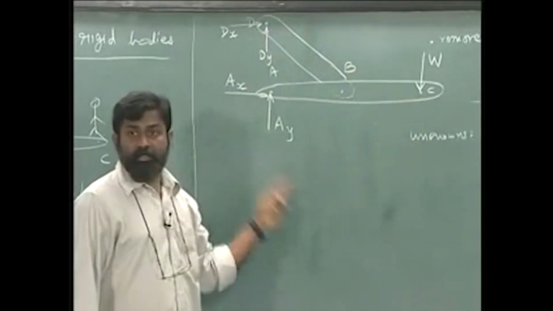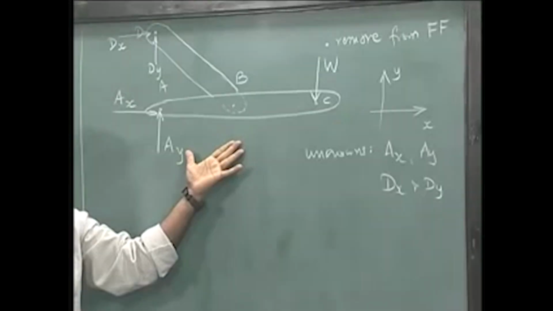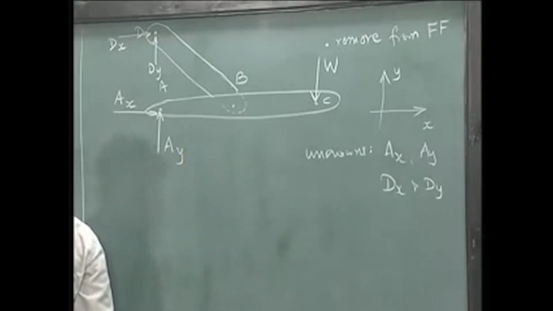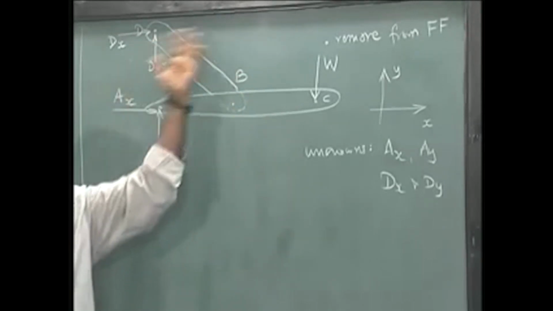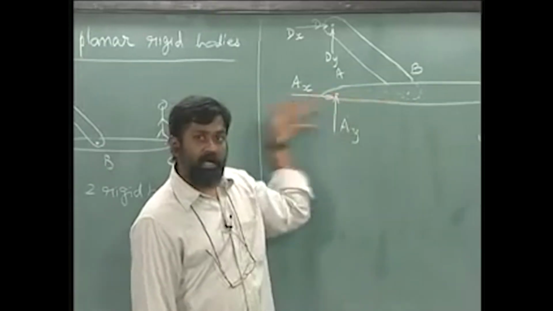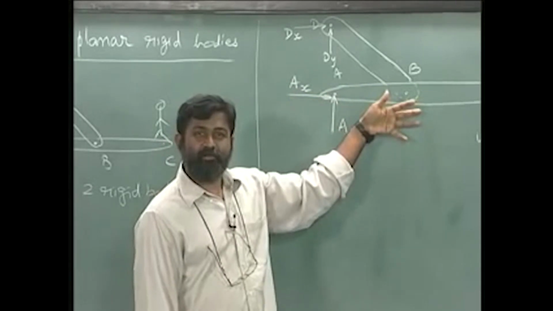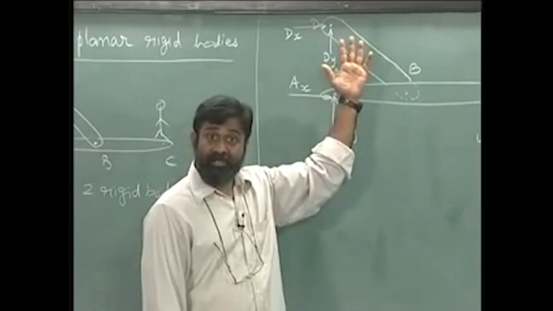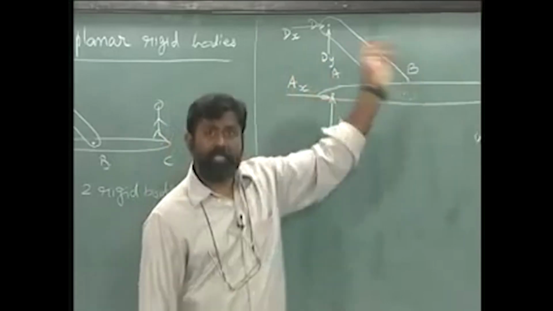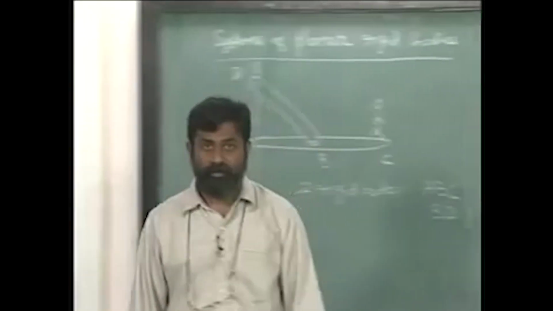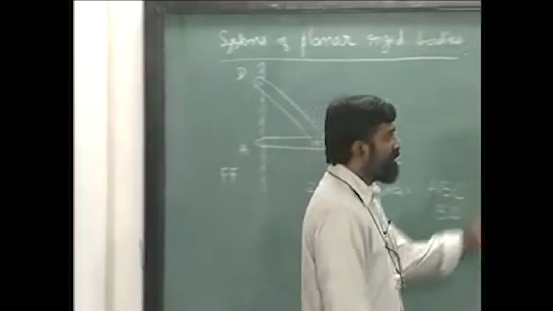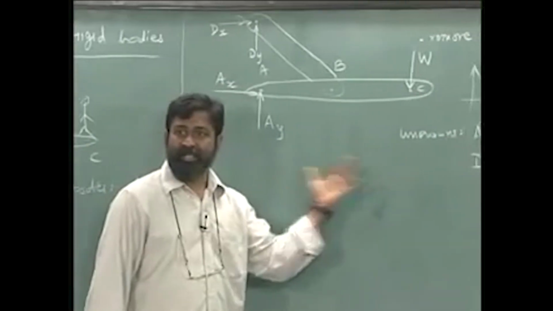Using this particular rigid body, since it is stationary, if I ask the question how many equations can I generate, the answer is I can generate 3 equations from this stationary object. That is, net horizontal force is equal to 0, net vertical force is equal to 0, and net moment about any particular point that I take is equal to 0. Okay, it makes sense, but the thing is I have only 3 equations that I can get.